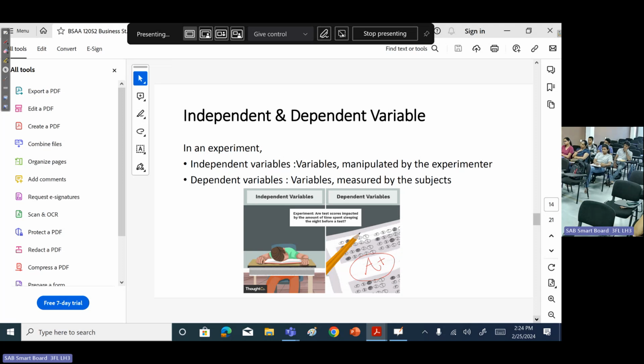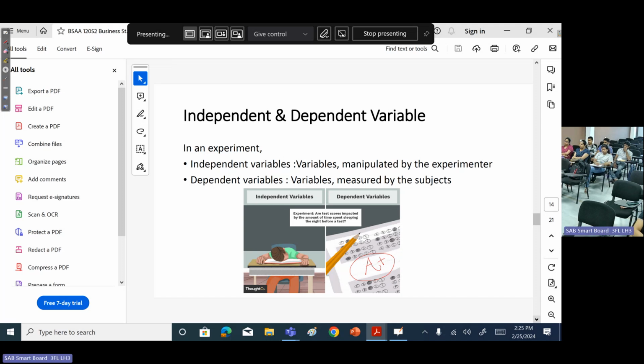Which one is the independent and which one is the dependent? Lifetime of the vehicle is dependent or independent? Independent. Based on that, we can identify the selling price of that vehicle. The independent variable is manipulated by the experiment and does not depend on the other variables. The dependent variable depends on the other variable. Clear?